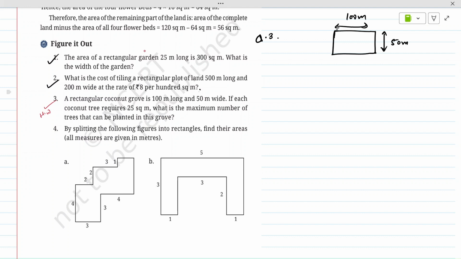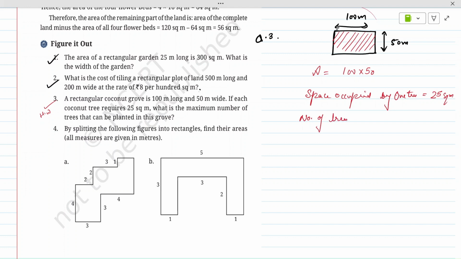Very easy. What we have to find out? First of all, just find out the entire area. Once we know, the entire area will be 100 into 50. Now, each coconut tree requires 25 square meter of space. The space occupied by one tree is 25 square meter, and we have to find the number of trees which can be grown in this area.